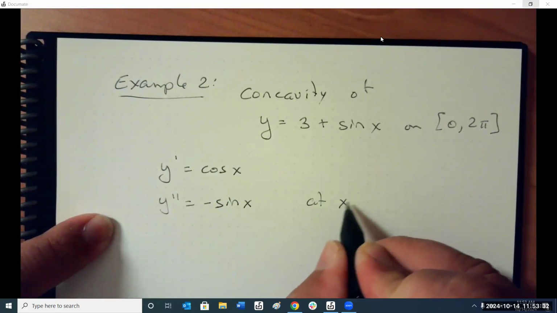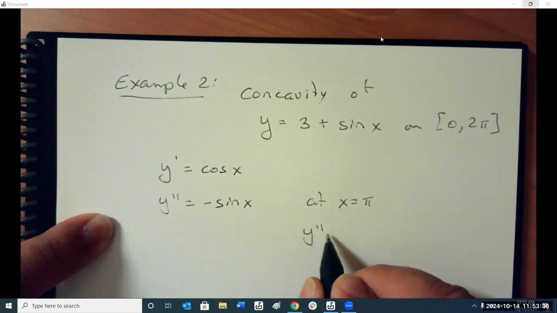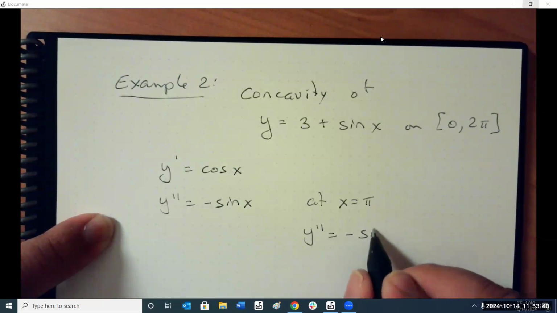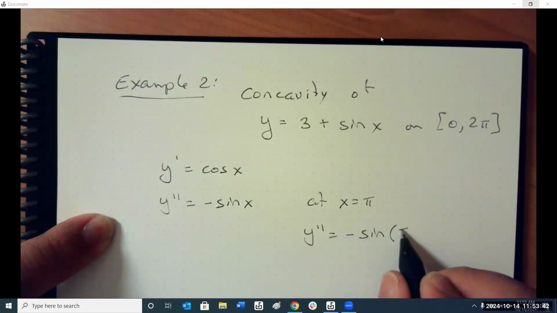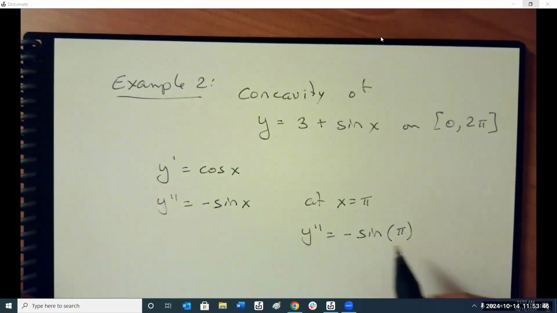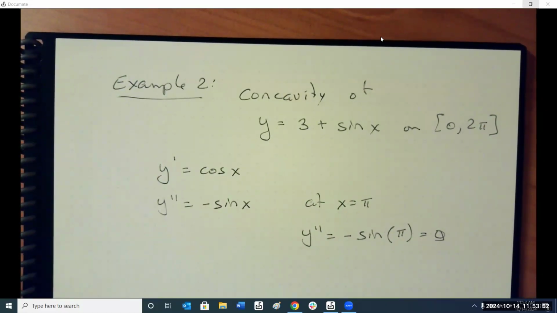At x equals pi, we get the second derivative equals negative sine pi, that equals 0. Wow, so that doesn't tell us anything.